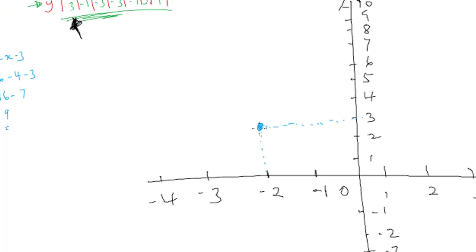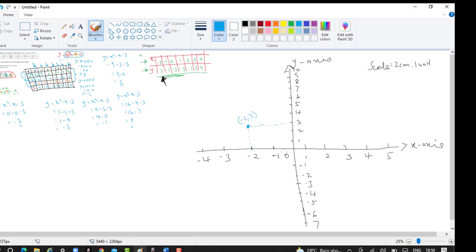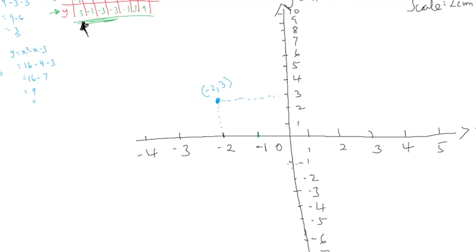We have -2 and 3. The next one, our x is -1 and our y is -1. So we are hitting somewhere in this region, the third quadrant.